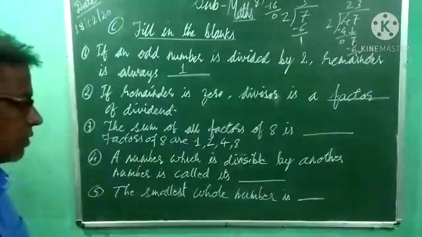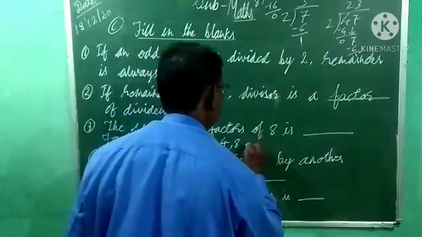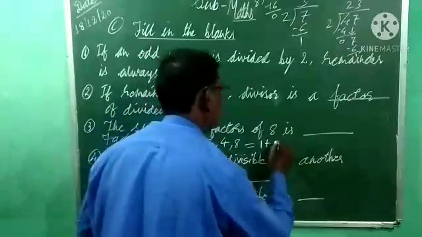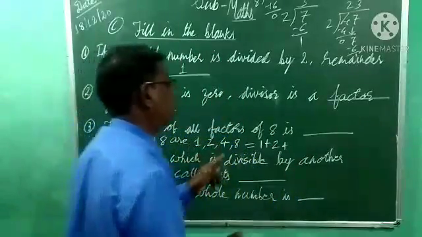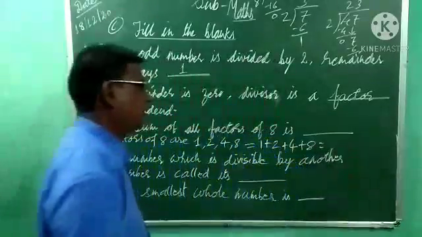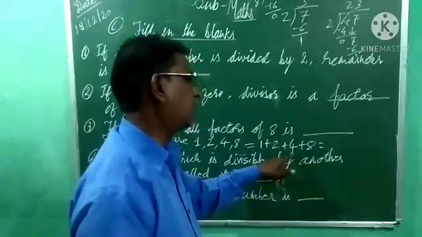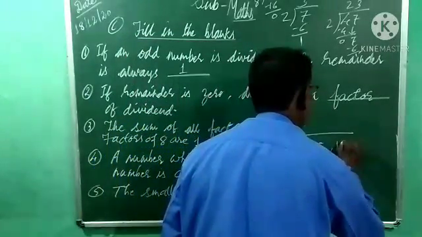1, 2, 4, 8. Now the sum of all the factors. Sum means plus. 1 plus 2 plus 4 plus 8. How much are you getting? Their answer you have to write. Now 1 plus 2, 3. And 3 plus 4, 7. And 7 plus 8, how much? 15.